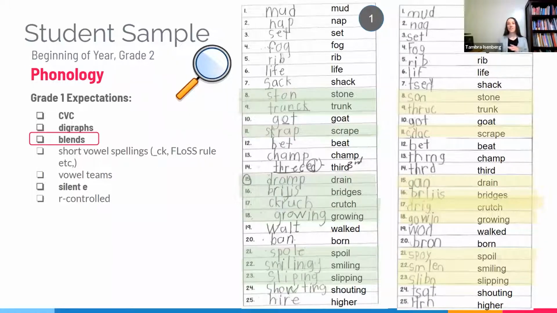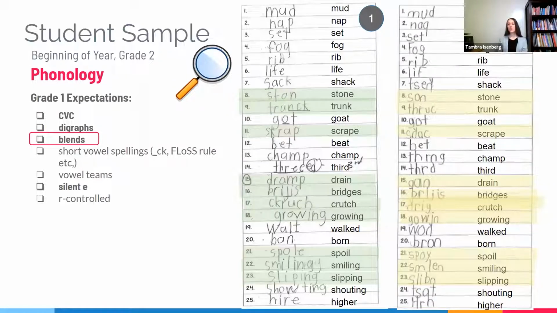Like Dr. Motes was talking about earlier, there's this sort of sequence of difficulty for the position of consonants. Typically, students are able to see those first and represent the initial sound and then the final sound and that medial vowel. But when we get to words with blends, those internal phonemes are much more difficult to perceive.